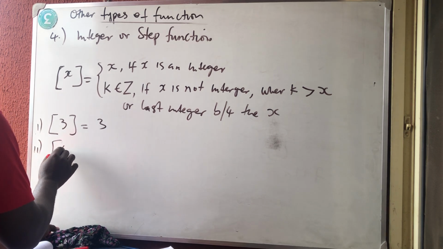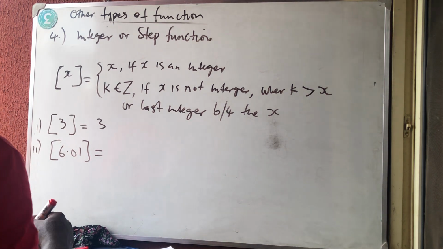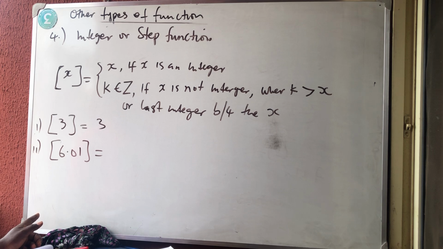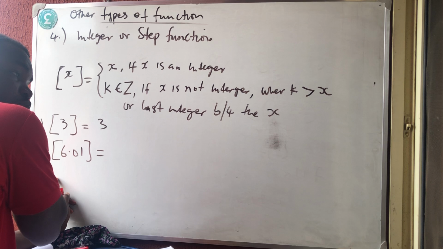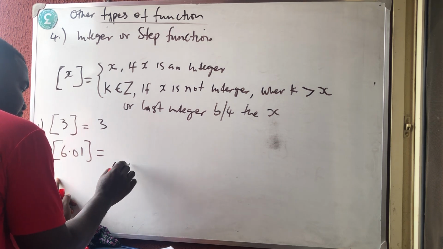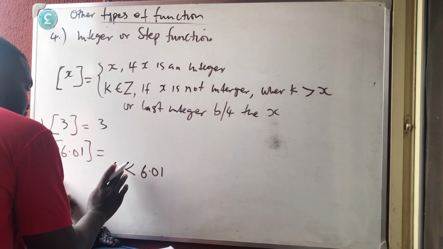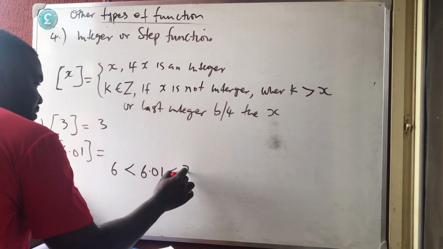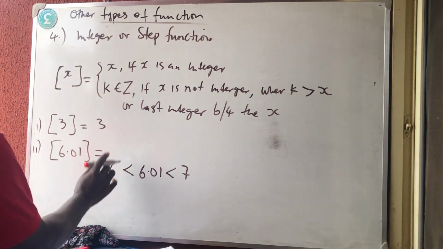The integer function of 6.01: this one is not a whole number, so it is in between two integers. 6 is less than this number, but this number is also less than 7. So we are not going to use something greater than it, but the integer very close to it below. So 6 is my answer.